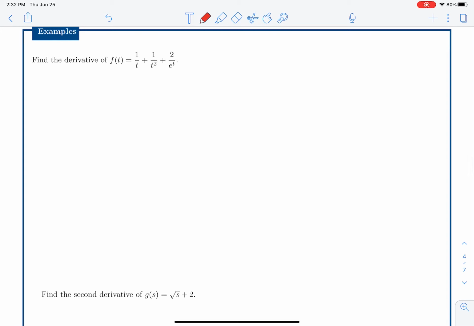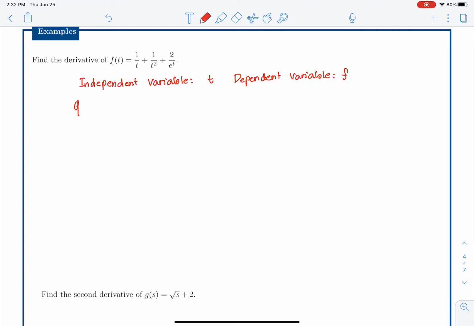So here is an example. The independent variable is t. The dependent variable is f.